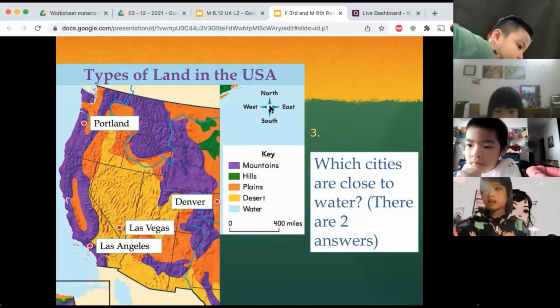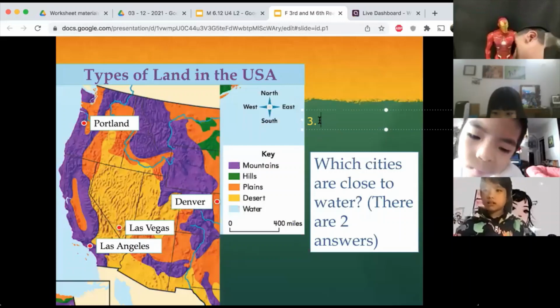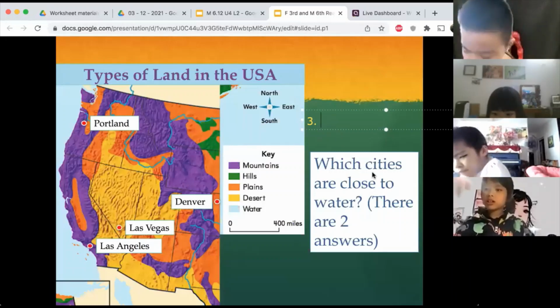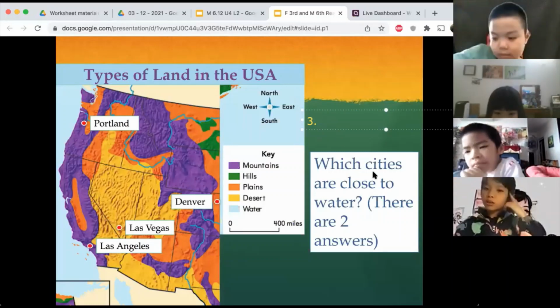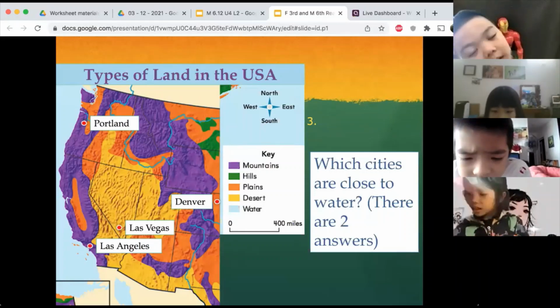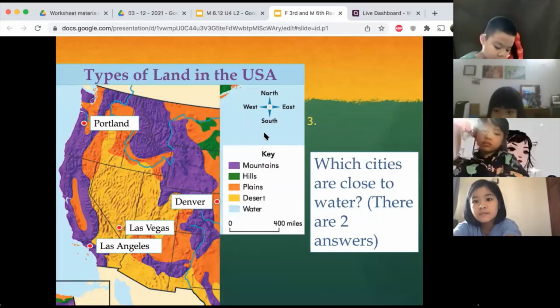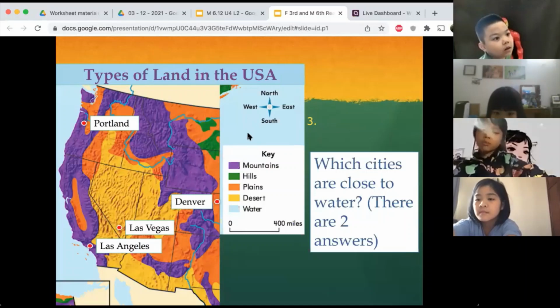Which 2 cities are closest to a body of water? Not sure? Who knows? I'm gonna lower your hands. Go ahead and raise your Zoom hand. Which 2 are closest to a body of water?